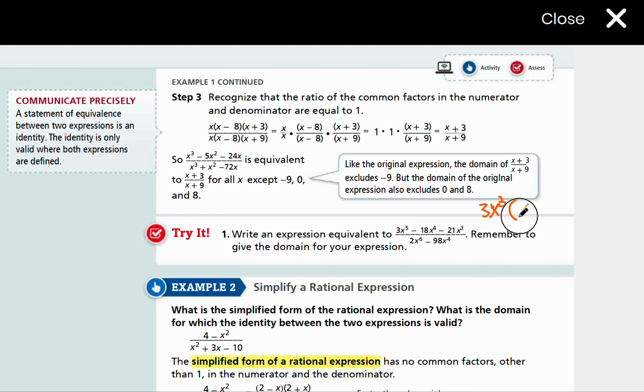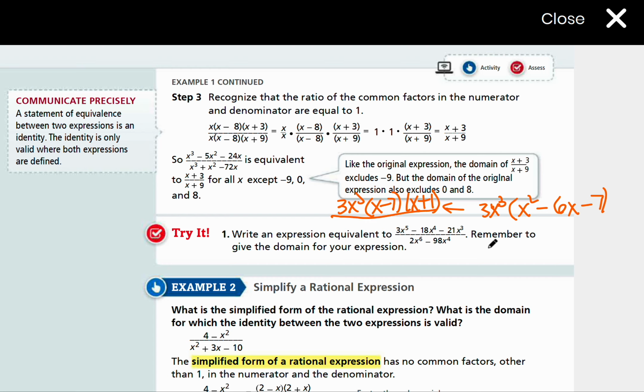And then you have x squared minus 6x minus 7 in the numerator, and you can factor this out further as well. So this becomes 3x cubed times x minus 7 and then x plus 1.